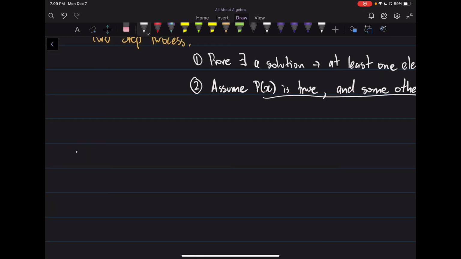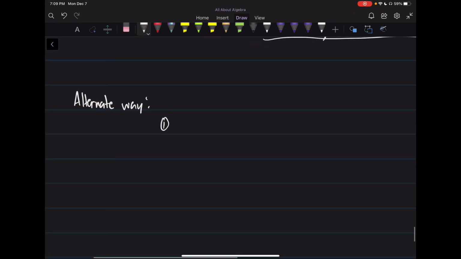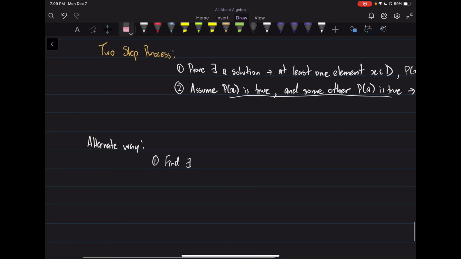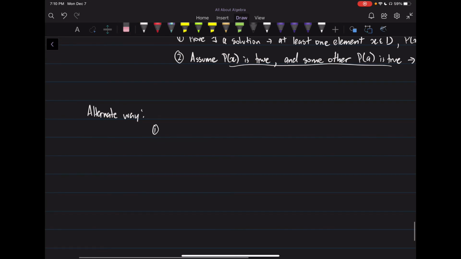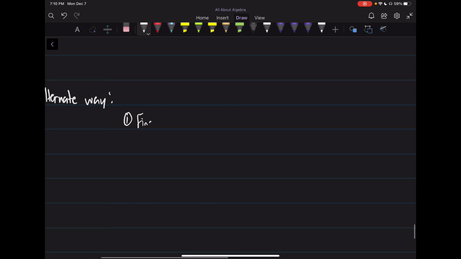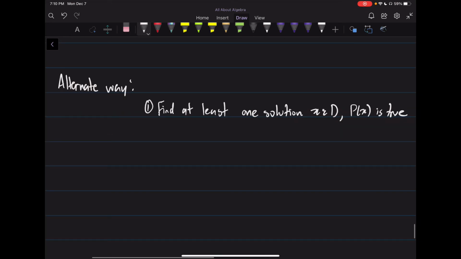Now here's an alternate way. So again, to find uniqueness, you find there exists at least one solution, x in the domain such that p of x is true. Same step one. Now for step two, there's a way you can do it a little bit differently.